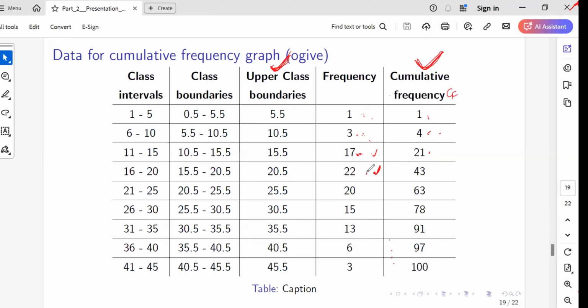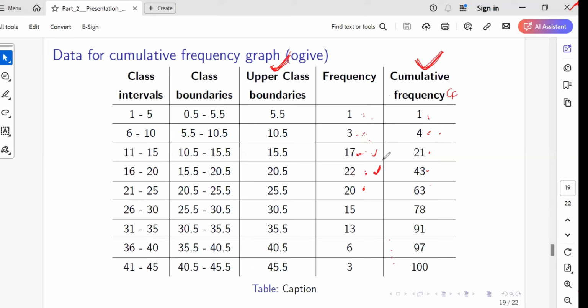You take its frequency, and then you add it to all the numbers that come before it. So 22 plus 17 plus 3 plus 1, and that's 43. Now for the fifth one, you take its frequency and add it to all the numbers that come before it. So 20 plus 22 plus 17 plus 3 plus 1, and that gives 63.